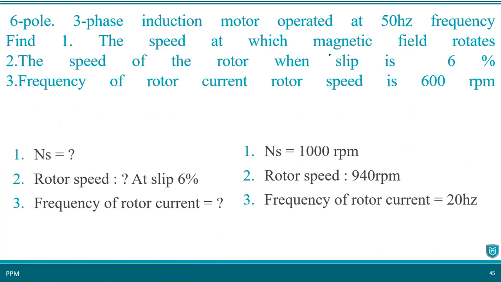So let me now check your chat box to see whether your answers are matching or not. Rotor speed is not matching up. Asir Almain, your answer is correct. Bevaketu, you need to check your answer.